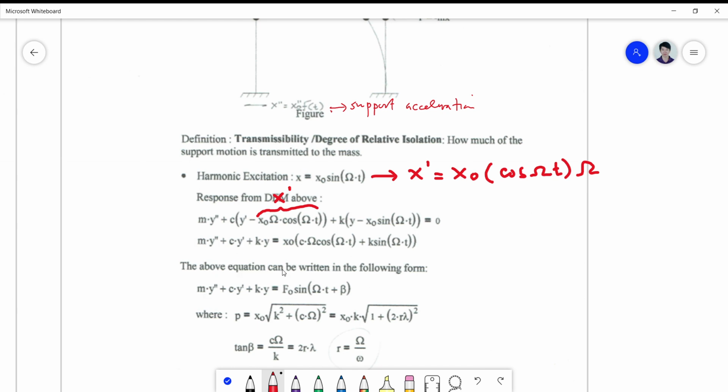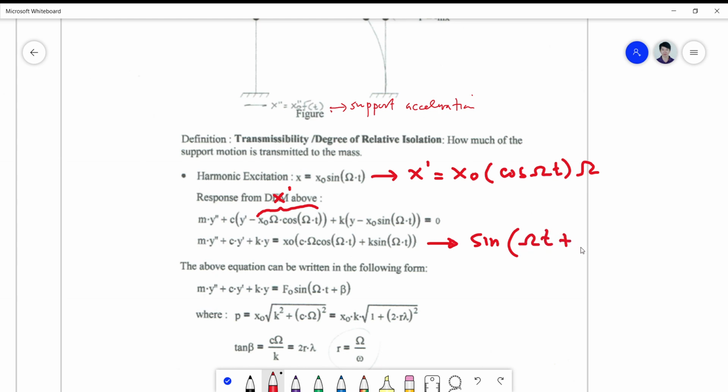Okay, so the equation can also be written in the following form by simply simplifying this. This is a cosine and sine function which can be represented by a single trigonometric sine of omega t plus a phase angle.